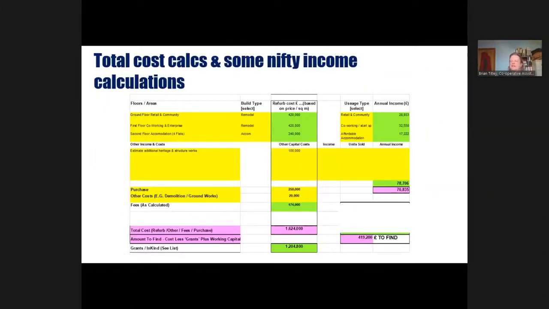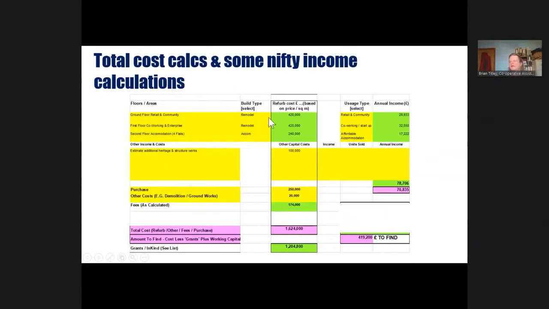And then we come on to in the top left, into the calculations. So you have the community, the ground floor rental, and we've got a refurb price, which has been calculated from below, because in here you use a pull down list to say what type of build is needed.